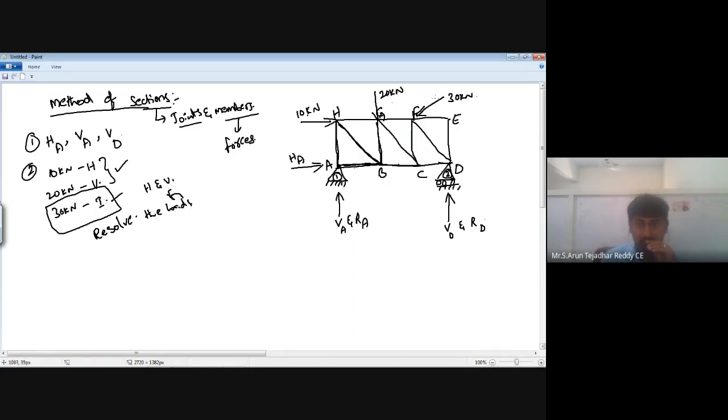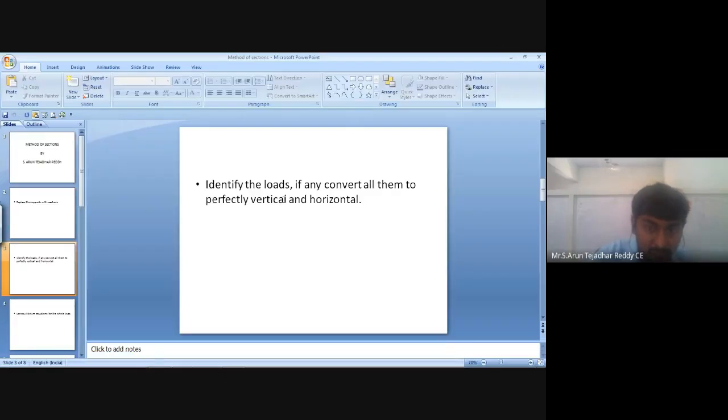See here, 30 kilonewton load, and apply sine theta and cos theta. Already you know how to apply sine theta and cos theta. No problem. So that is the second point. We have identified the loads, and if there is any inclined load, then convert into vertical and horizontal. Yes, we converted. No problem.